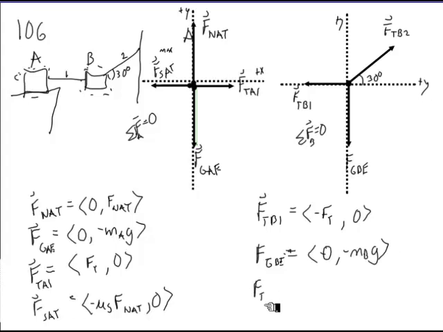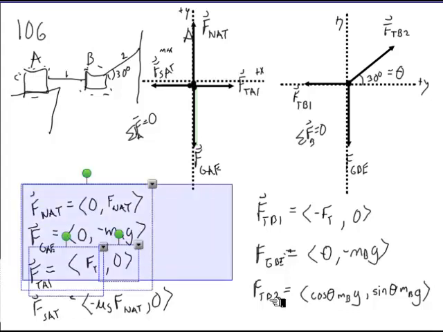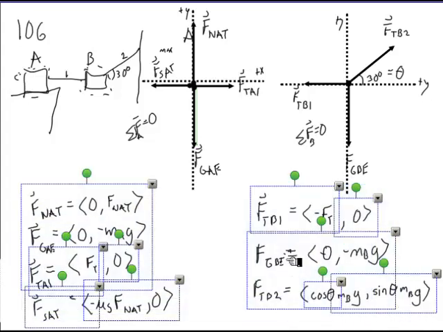And FTB2. And this would be cosine, and again I'll put theta where this is theta, just to save room writing. MBG, comma, sine theta, MBG. Okay, so we feel good about that. There's all our components. Again, I'll copy and paste them to the next slide.